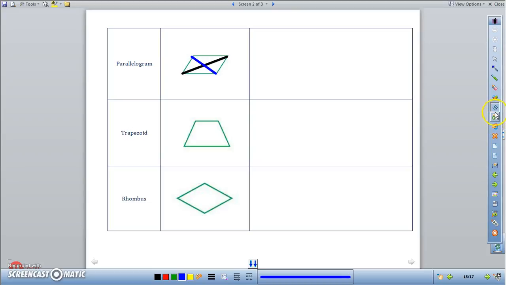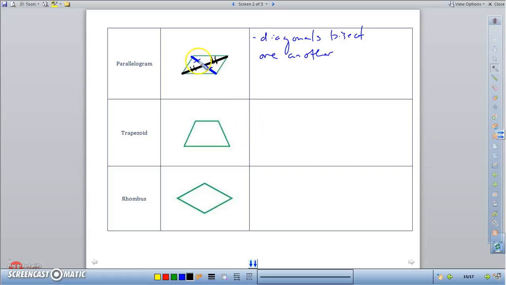And there's two things that we need to know about the diagonals of a parallelogram. The first thing is that diagonals bisect one another, meaning that these two line segments are congruent and these two line segments are also congruent.